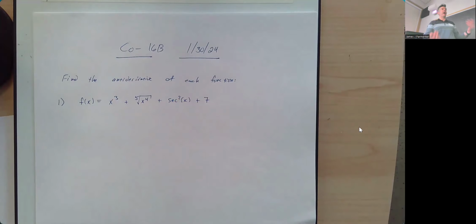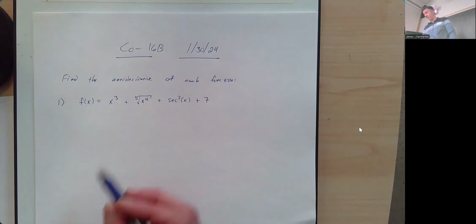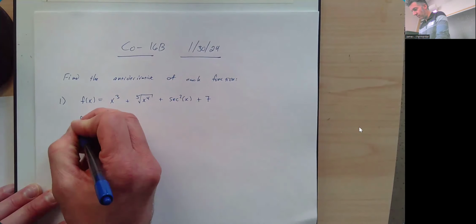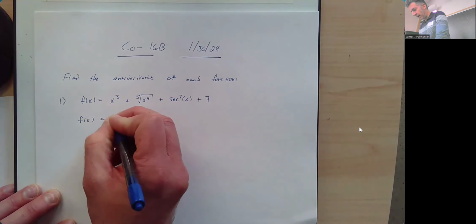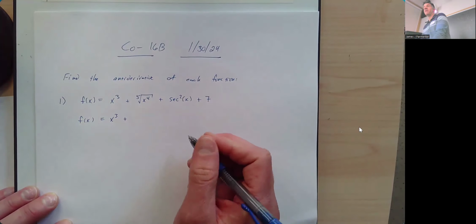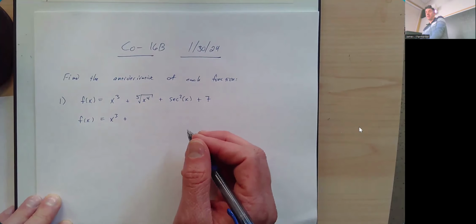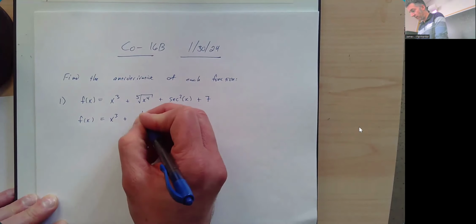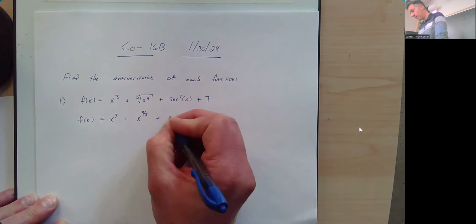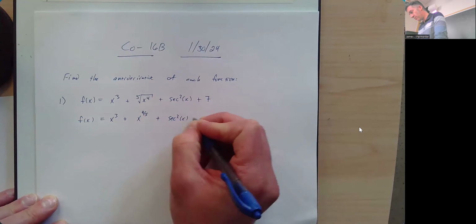Whenever I have a root, I'm always going to rewrite it so it's actually x to a power. Right? The fifth root of x to the fourth, I would much rather write that as x to the 4/5 power. It's x to the 4 to the 1/5, and then we multiply the powers and get x to the 4/5. Nothing to be done about secant squared or 7.